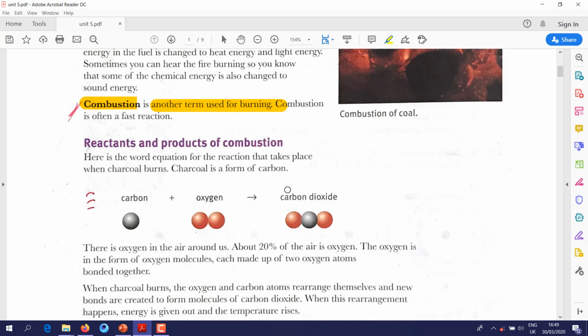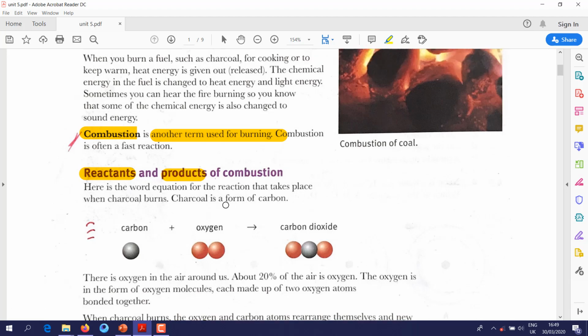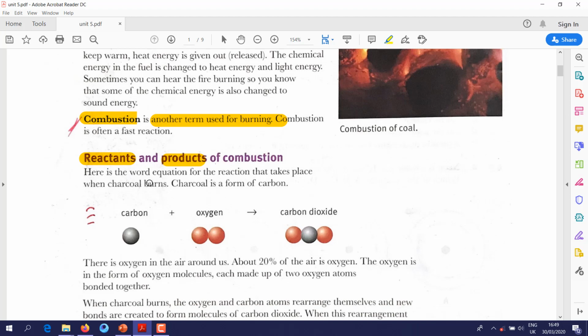In any chemical reaction, we will have reactants and products. In this example, combustion, the reactants are carbon with oxygen, and the product will be carbon dioxide.